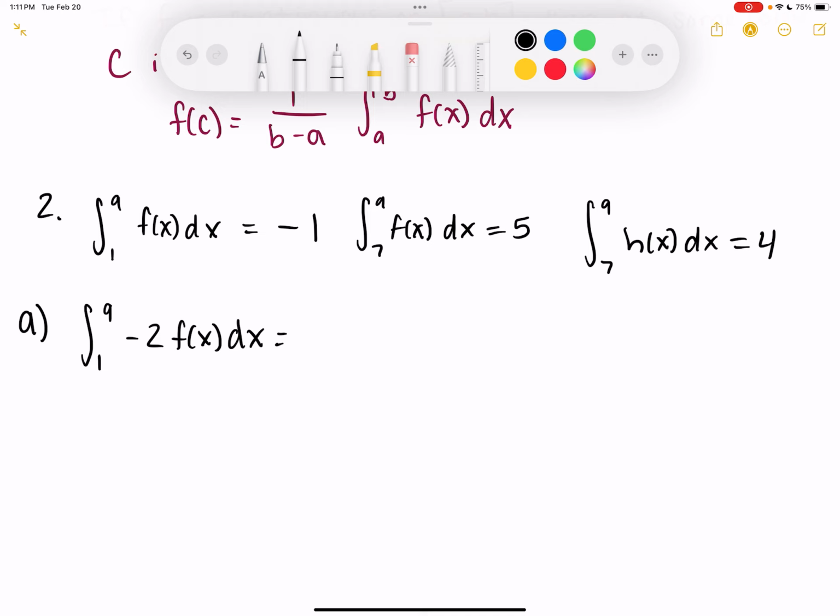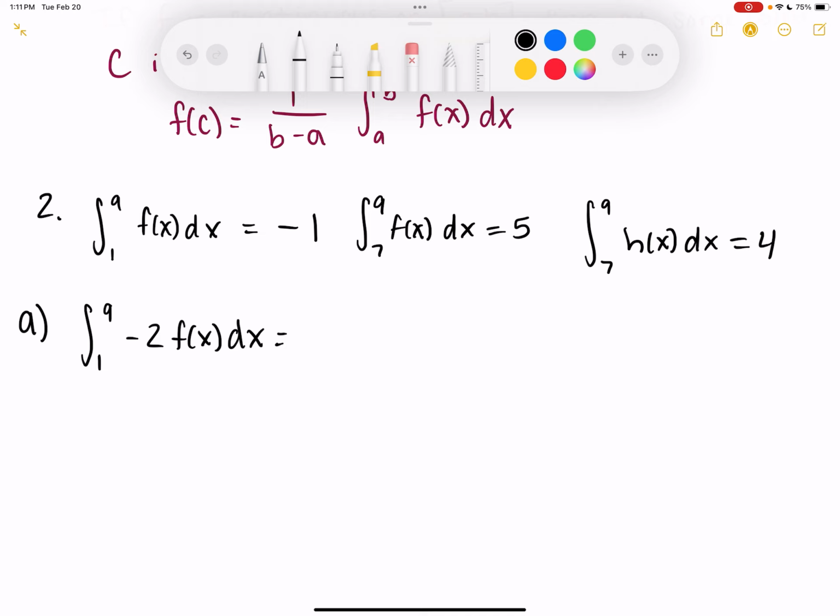So I want to look and see, based on what they gave me, if anything is similar to it, and then see what I need to do to figure it out. I have an integral from 1 to 9 of f of x dx.